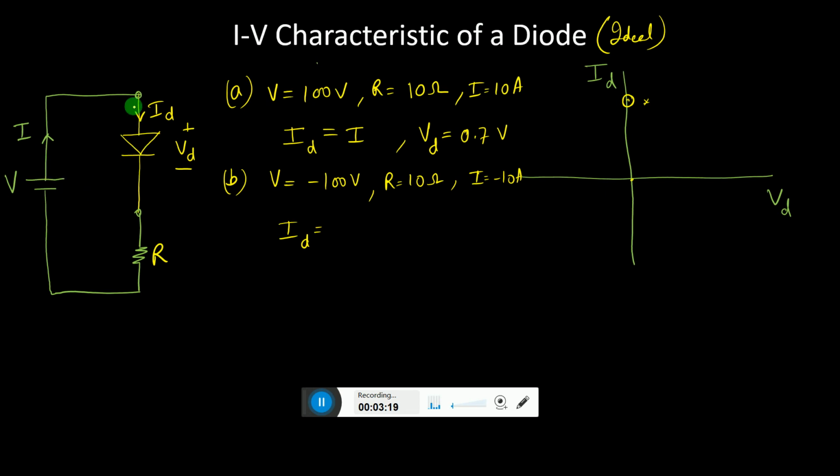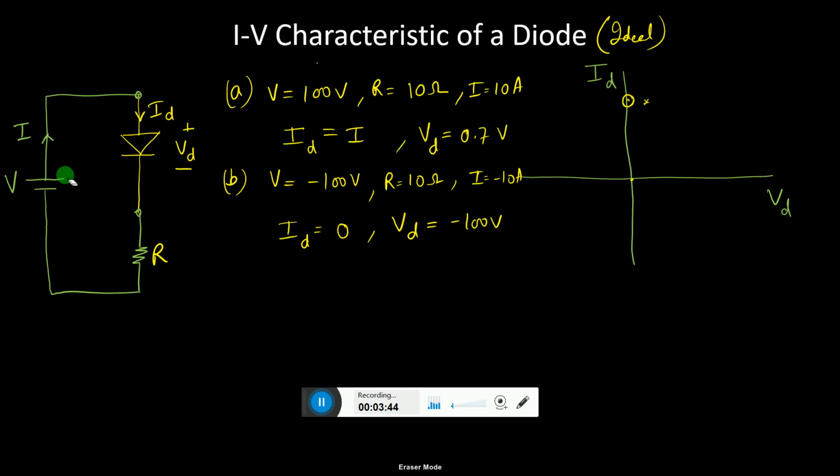The ID current is not going to reverse because this diode is reverse biased, so ID is 0. But the VD, the voltage across the diode, since the voltage applied to the circuit is reversed, the voltage across the diode will be minus 100 volt.